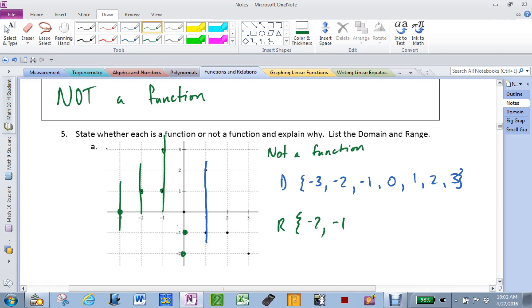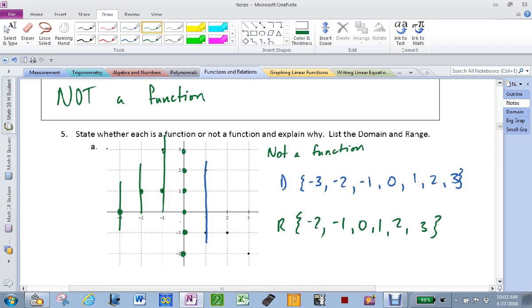When I cared about the domain, I only looked at the x-axis, didn't I? All right, so what's next? 0. Then what? 1. Then what? 2. Then what? 3. And I have to write them like a set, don't I? Because each of those dots is a single element, right? Everybody cool?